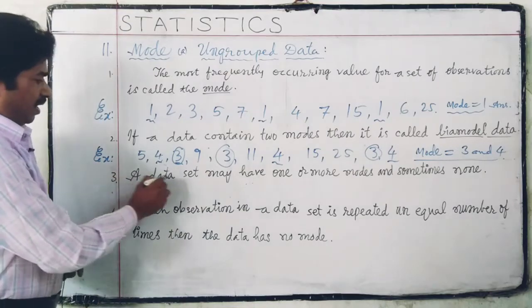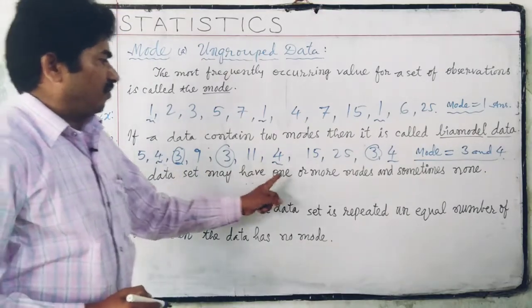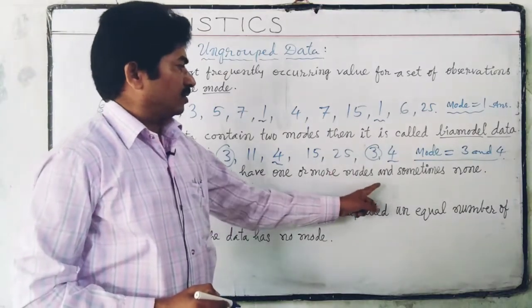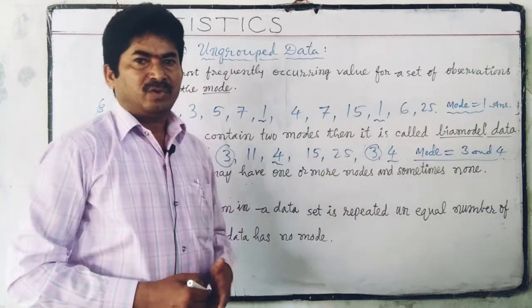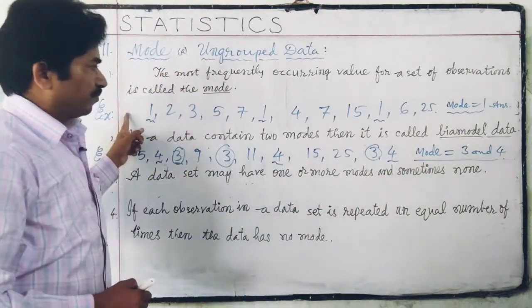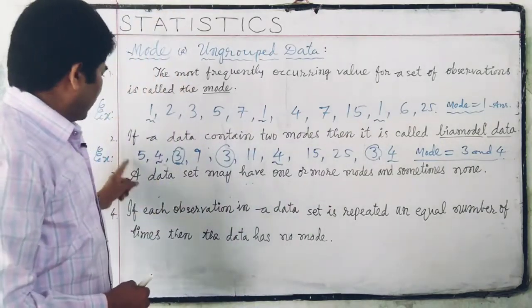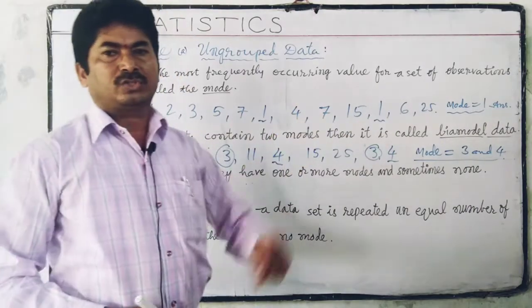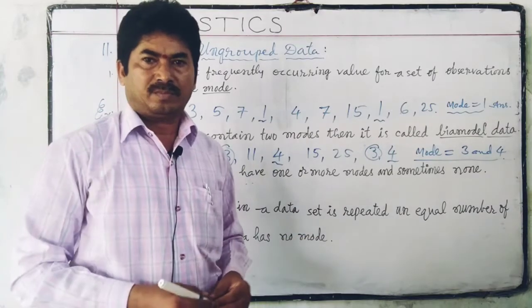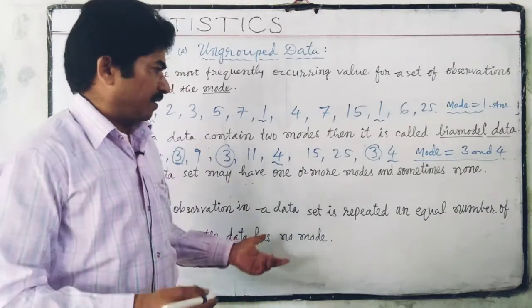Next, a data set may have one or more modes and sometimes none. We observe in the first, we have one mode. In the second example, we have two modes, sometimes more, and sometimes none.